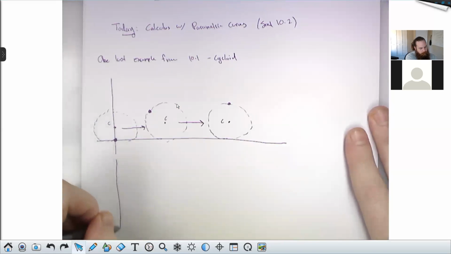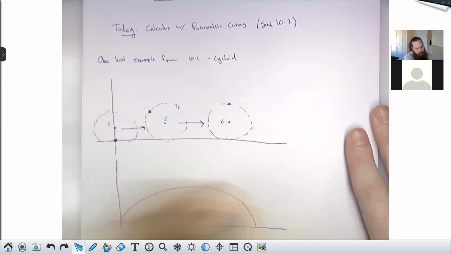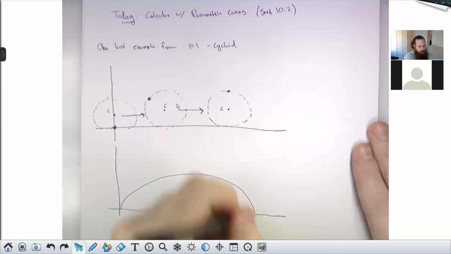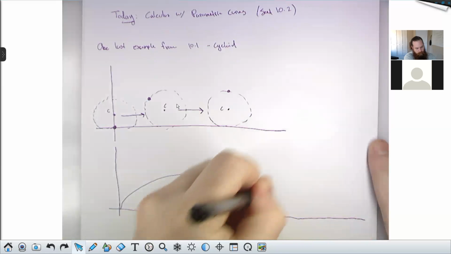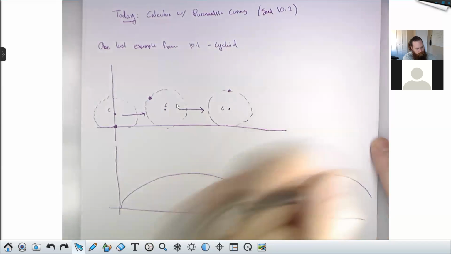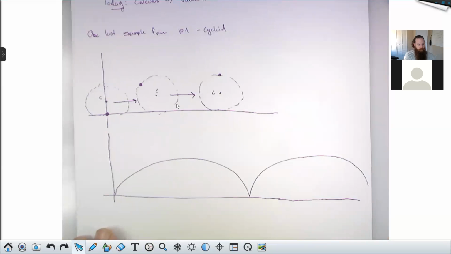And rather than going through the lengthy geometric derivation here, I'll just draw one for you. Right, it looks like this, and then it would continue on and so on.